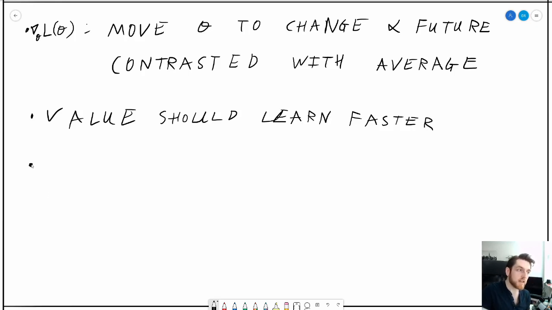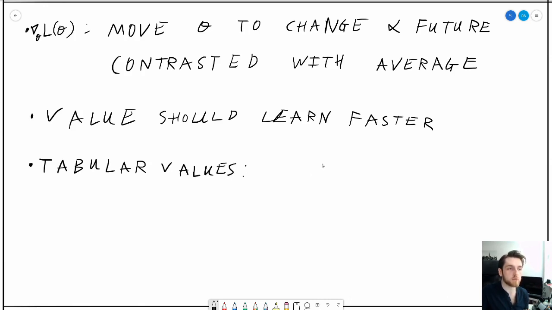So in order to test this, we're going to go back to our excursion problem. And this time we're going to do it using tabular values as well as a tabular policy. And these tabular values, again, is basically saying we have one weight associated to each state.